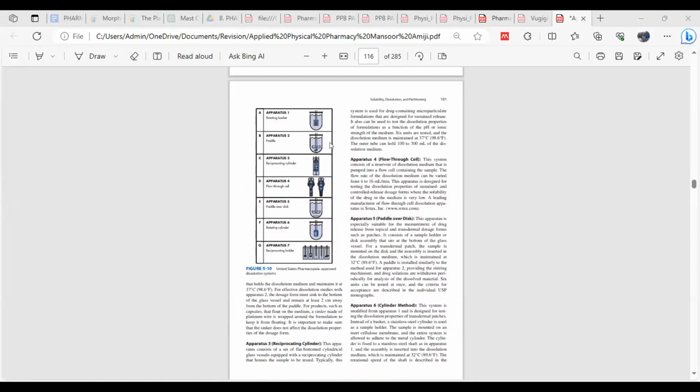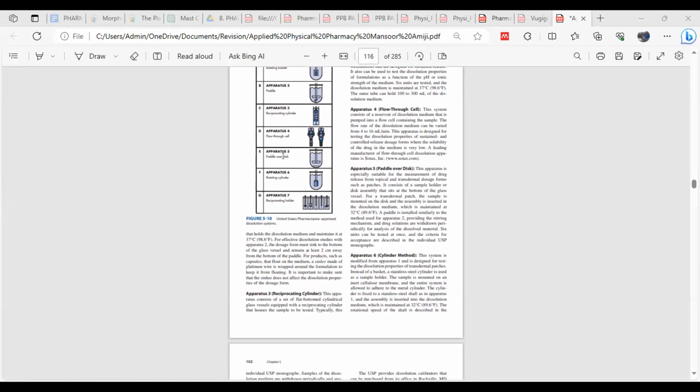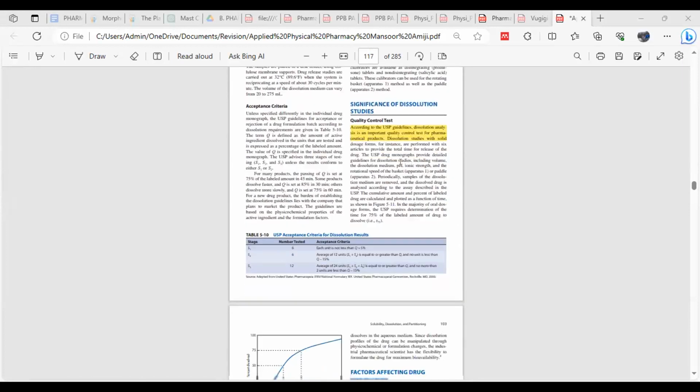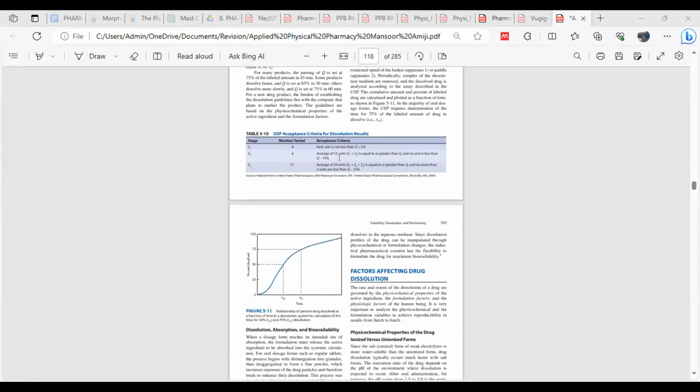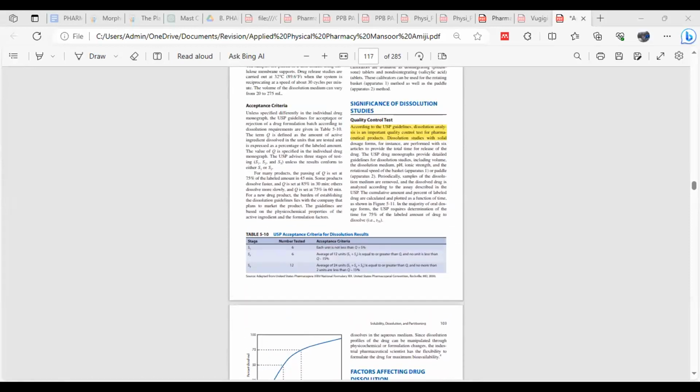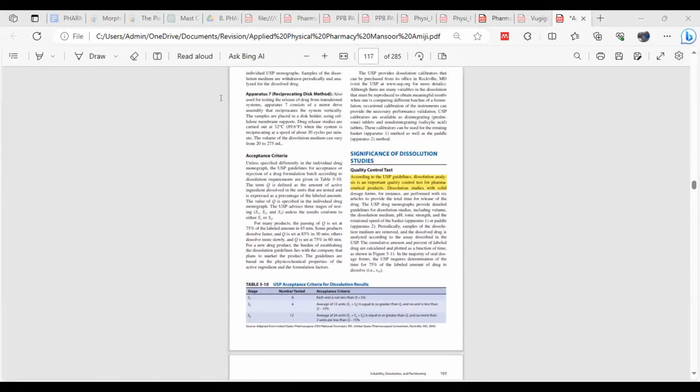So we've seen this apparatus and the various types of drugs that they're used to test. Now let's look at the factors that affect dissolution. We've talked about the significance of dissolution.